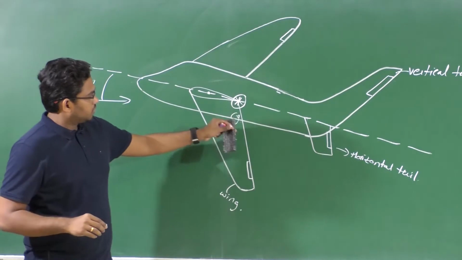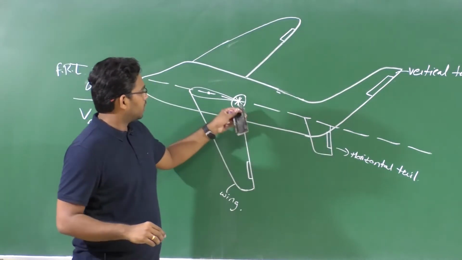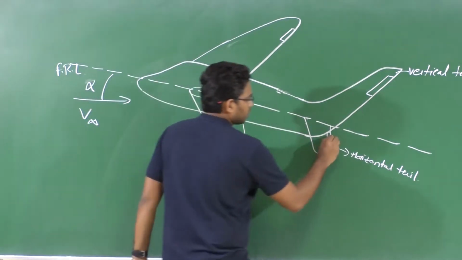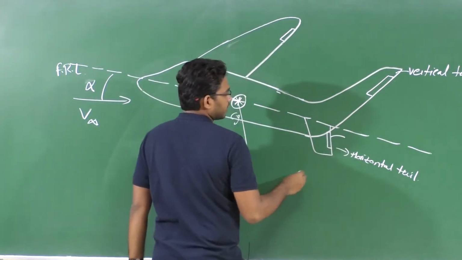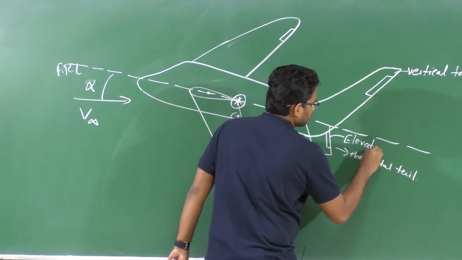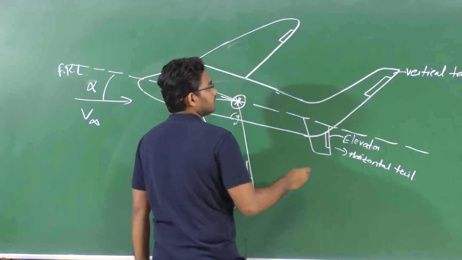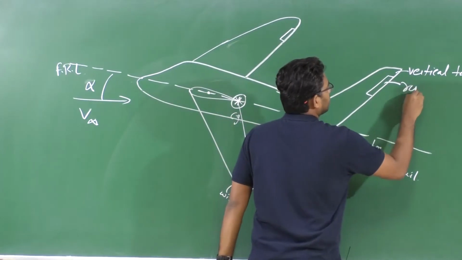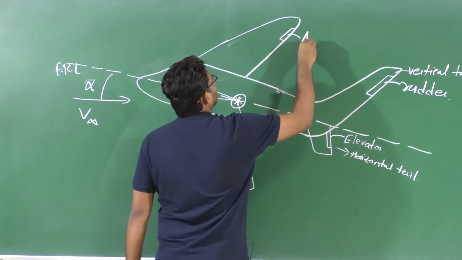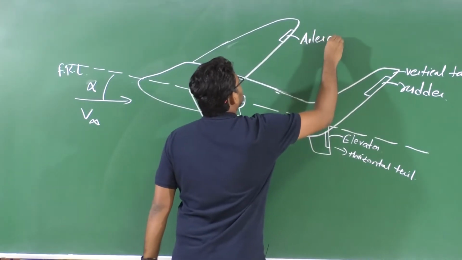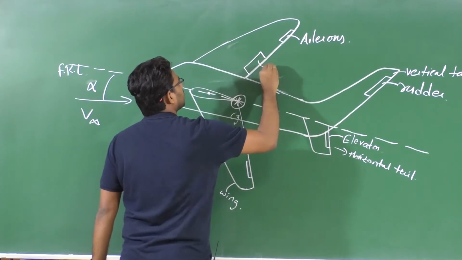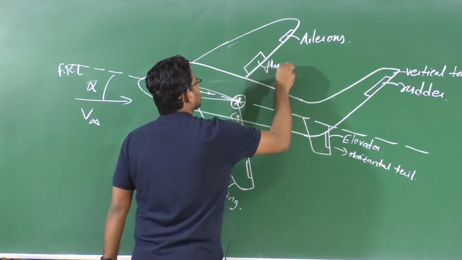So the surfaces with which we control the aircraft orientation are known as control surfaces, right. The control surface on the horizontal tail is the elevator, on the vertical tail is the rudder, and on wings we have ailerons, and we also have some high lifting devices called flaps attached to the wings.